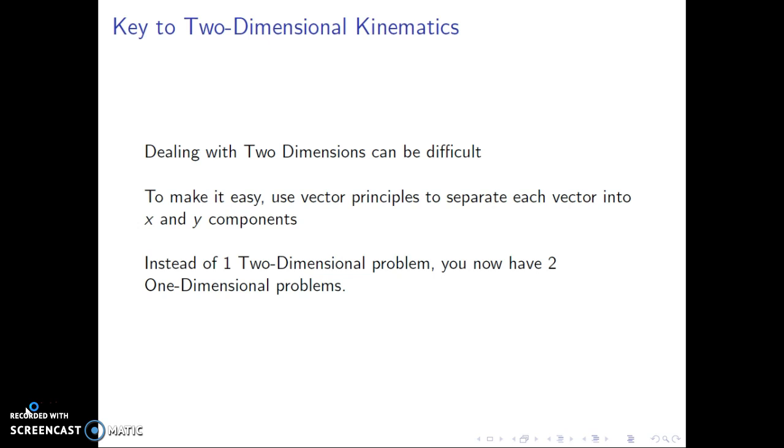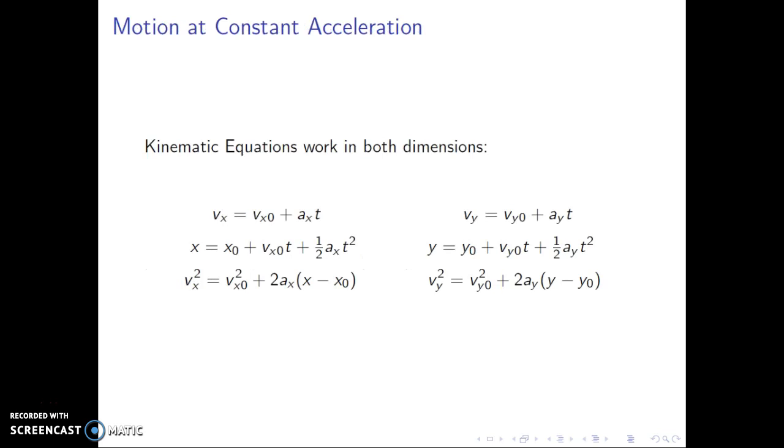We're going to take any vector we have, separate it into x and y components, and then solve the components separately. So instead of one two-dimensional problem, you now have two one-dimensional problems instead. Then we can just solve those separately, have them work together, and voila, you've got yourself an answer. So that's how we're going to approach solving two-dimensional kinematics problems.